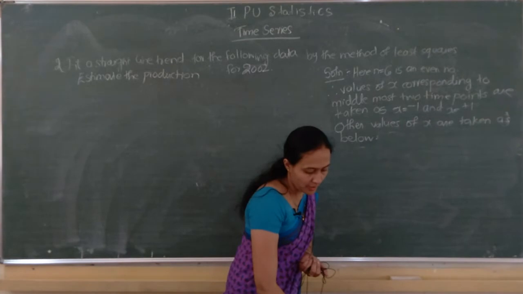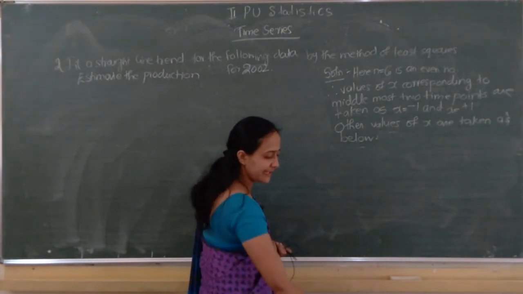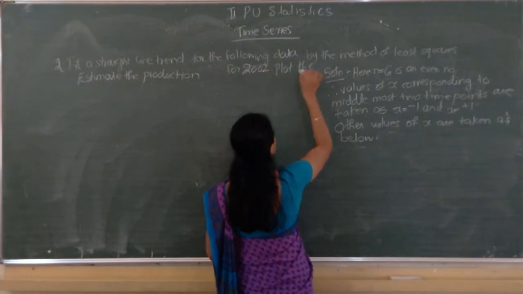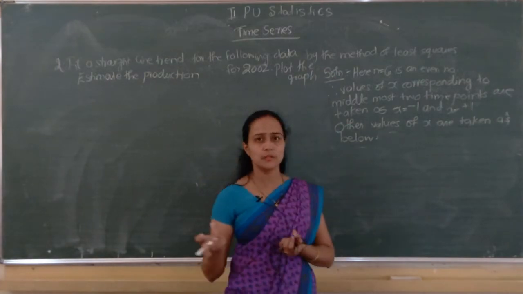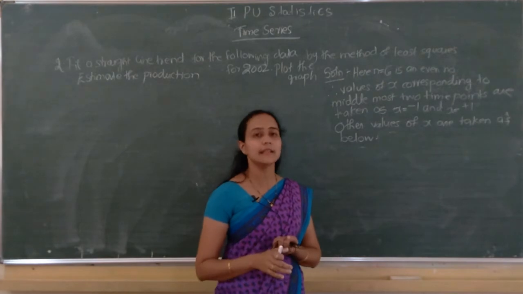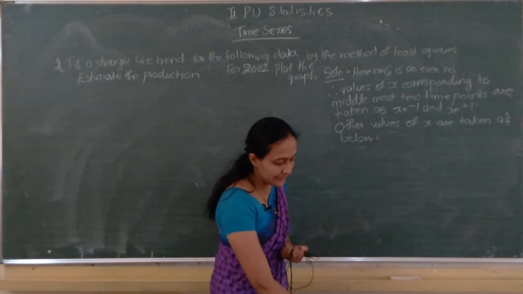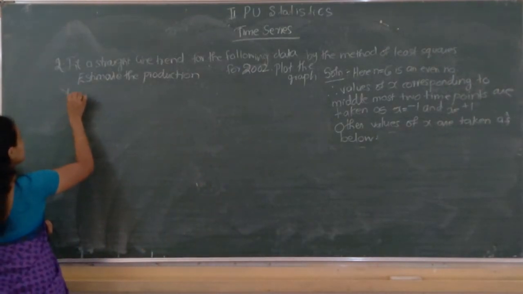Okay. Plot the original and trend values on the same graph. Plot the graph, I will write. In the graph we are fitting both the histogram and the trend values. So here, year and production.